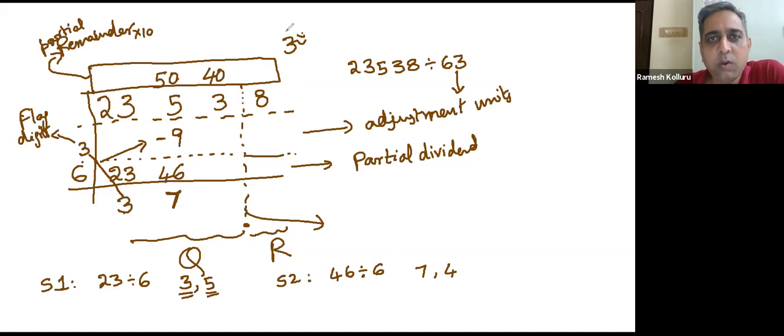Let me write it in another color. In the second step, we have 46 divided by 6. We take the quotient as 7 and the remainder as 4. 7 is here, 4 is passed as 40. Now 7 times 3 is adjusted here as 21.